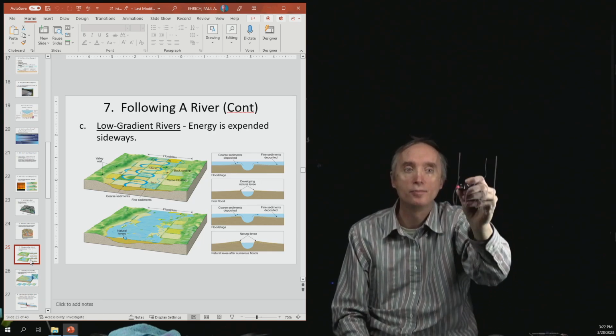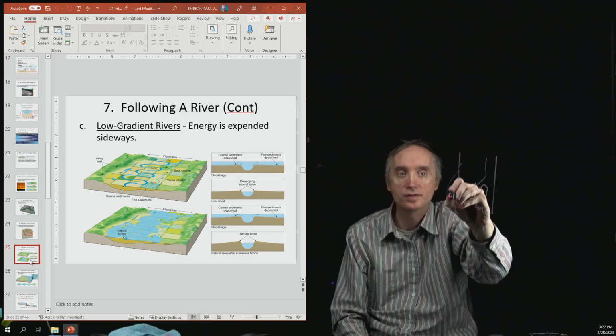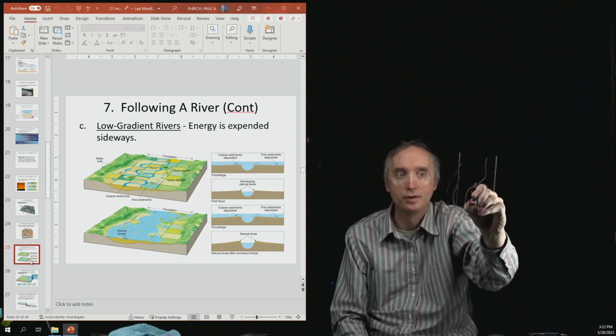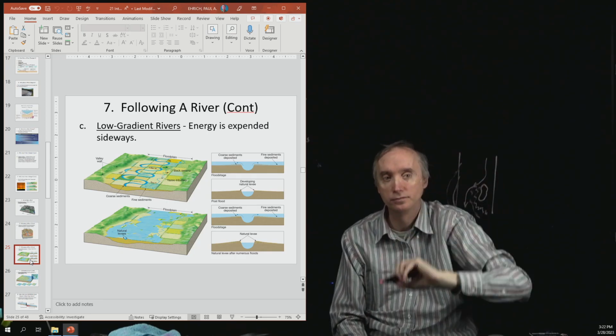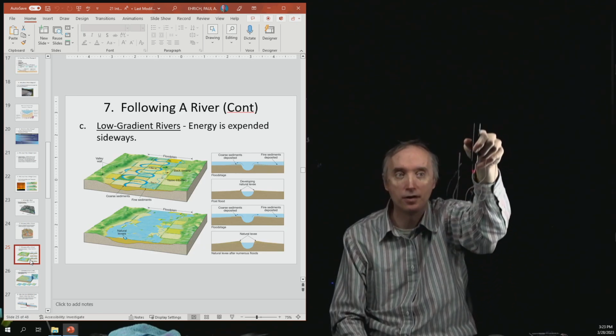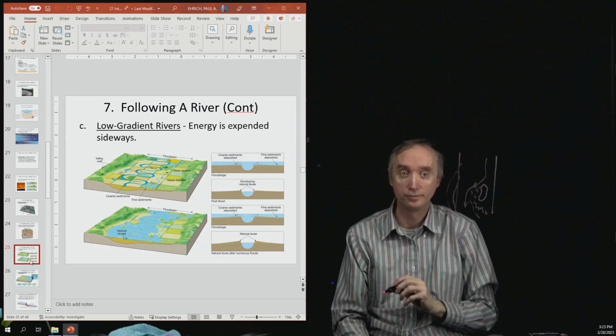Okay, now more stuff is going to be eroded off of this side over here because again it's moving faster, and more stuff is going to be deposited on this side over here. So the net effect is that we started off with a straight stretch of river, and now it's got a curve in it.